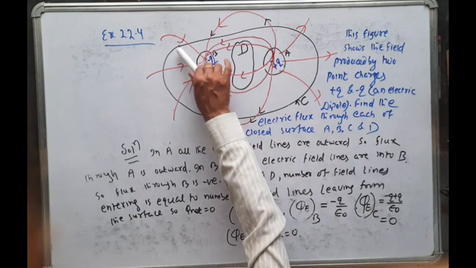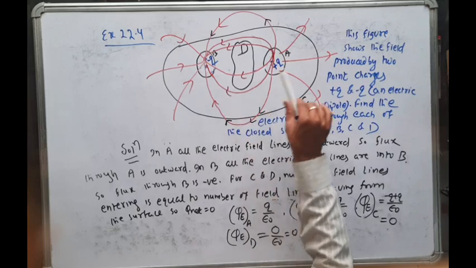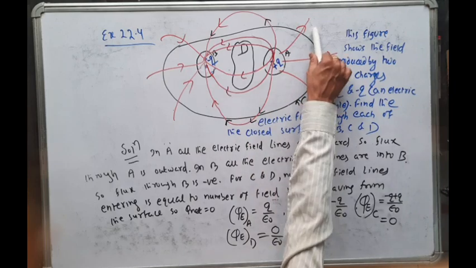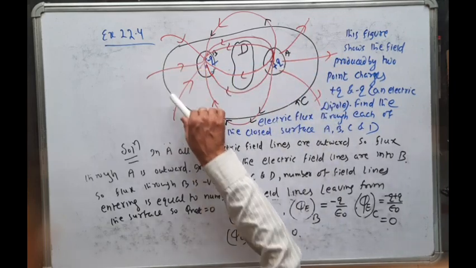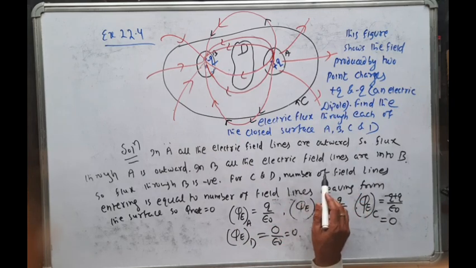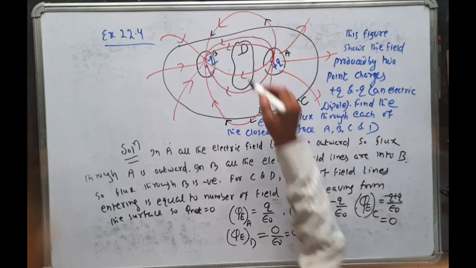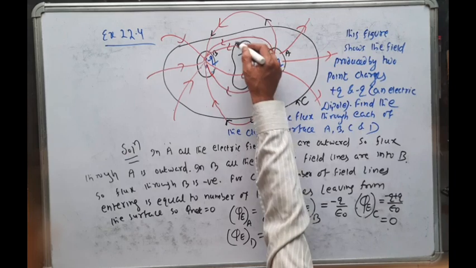So that implies in the C surface, the total number of lines of force leaving is equal to the total number of lines of force entering, so net flux is equal to 0. That is according to the concept. But according to the mathematical formula using Gauss law, we can say flux is equal to 0. Similarly, this is also a D surface.